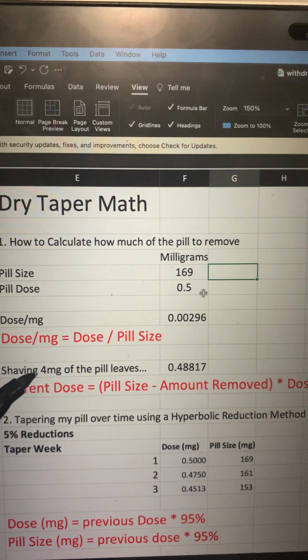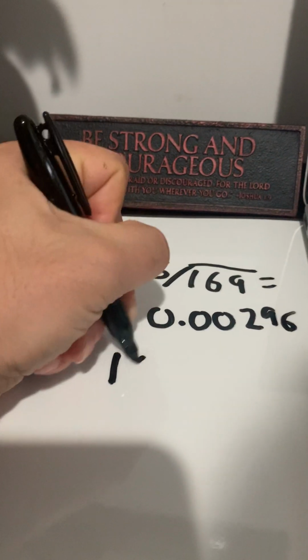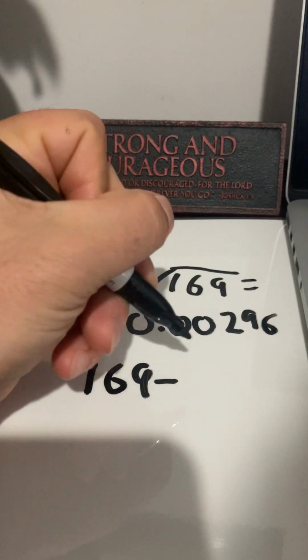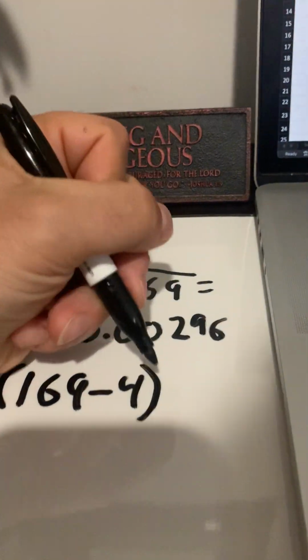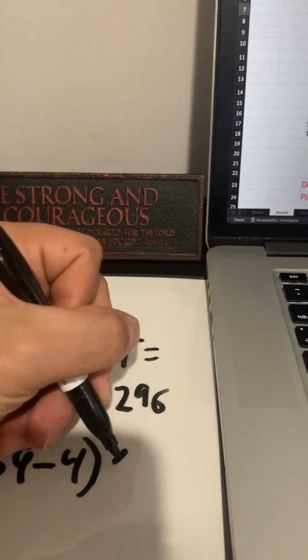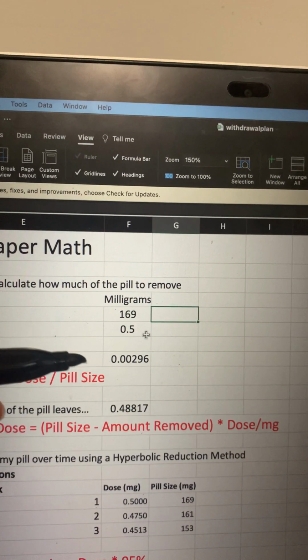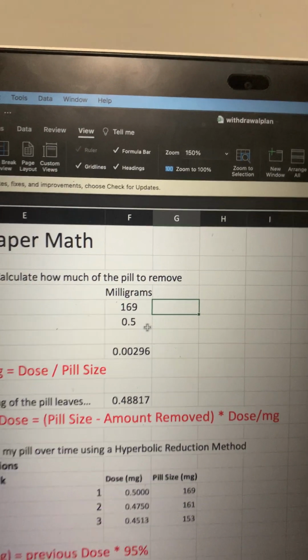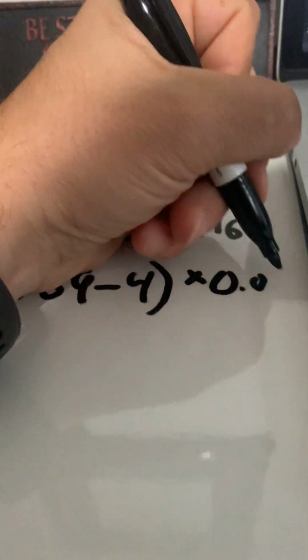We said we're going to remove 4 milligrams, right? So 169 take away 4, right? Times the dose per milligram, which is 0.00296.